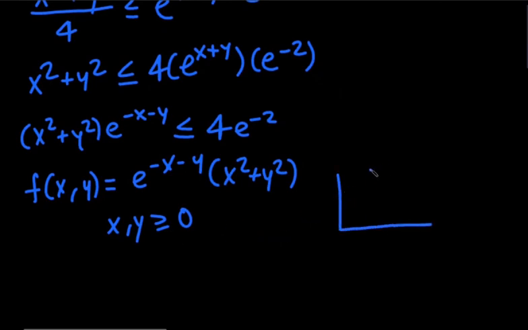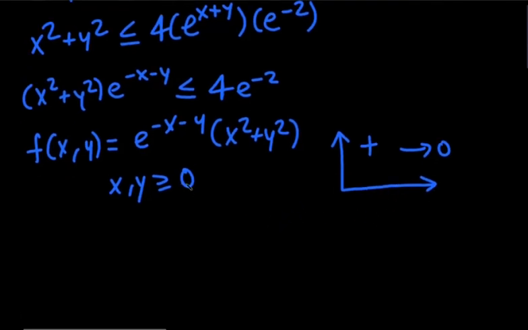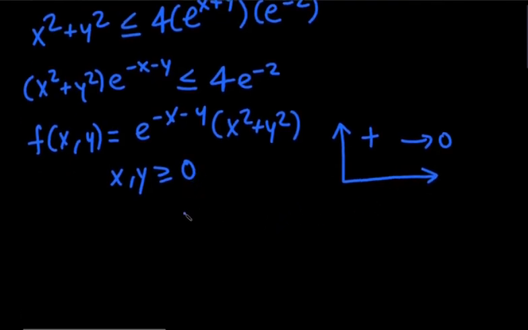And this is not a realistic picture, I'm just drawing it. It's non-negative, so it's positive, and as x and y tend to infinity, the function tends to 0. So what that tells us is that we can just take the partial derivatives and then find the boundaries later.